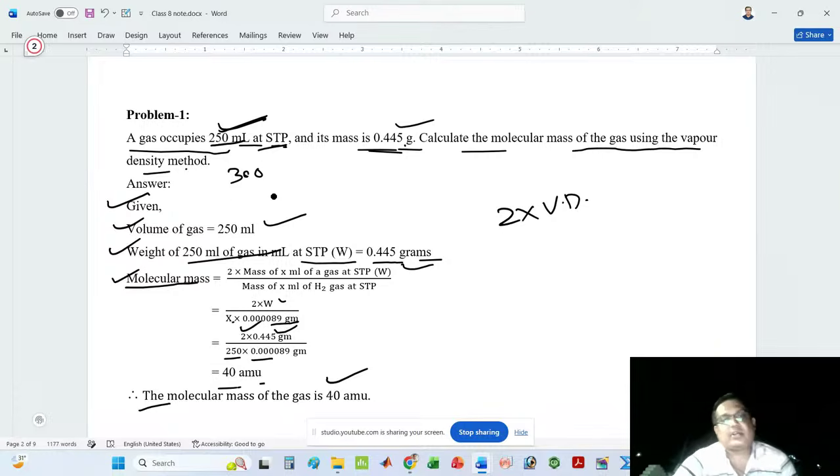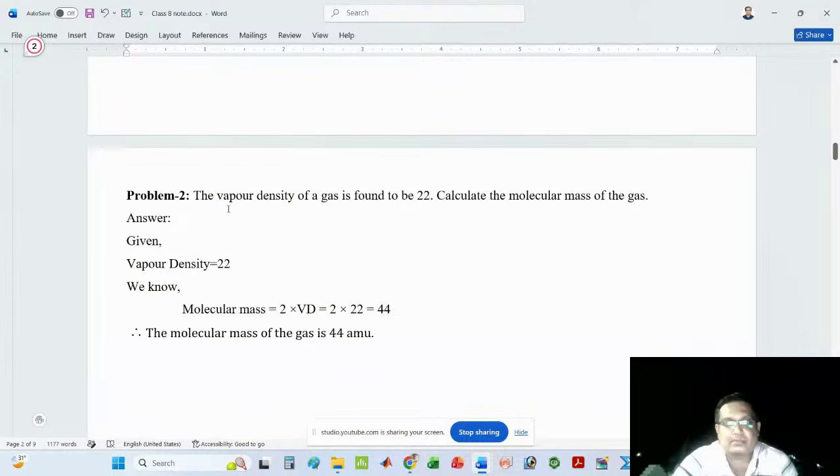After calculation of the vapor density, the molecular mass is equal to 2 into vapor density. Look at that. Here the vapor density is already given. Simply write the formula, put in the data and get the answer.